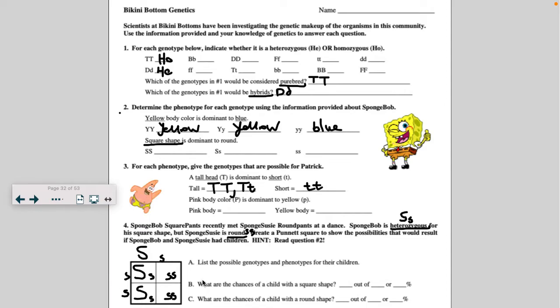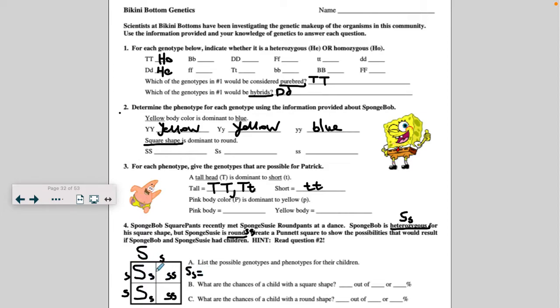Step A, list the possible genotypes and phenotypes for their children. They want genotypes and phenotypes. Let's do genotypes, that's letters. What are the different letter combinations we have in our Punnett square? Let's just pick one, big S, little s. So I'm going to write big S, little s. How many squares are big S, little s?